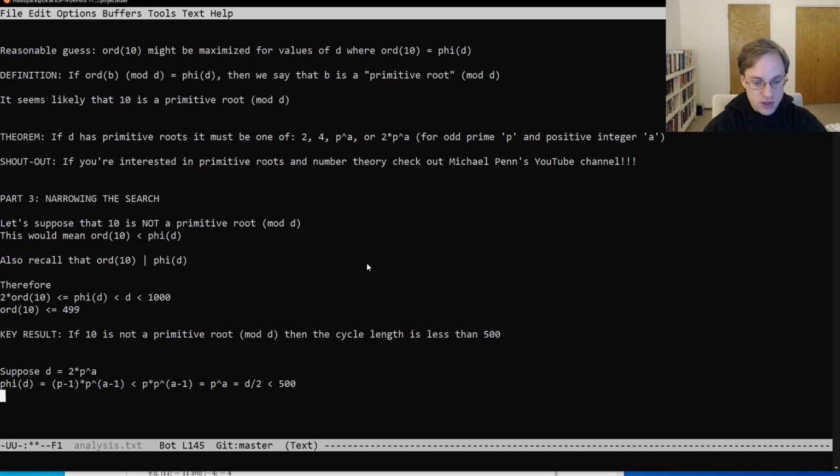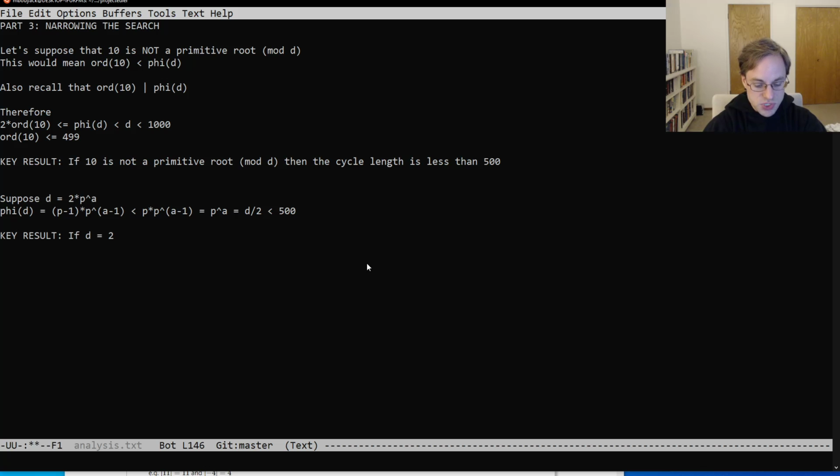And so again, we can conclude, key result: if D equals 2 times p to the a, the cycle length is less than 500. Though, as I mentioned, we'd previously ruled out values of D divisible by 2. In any case, let's press on.